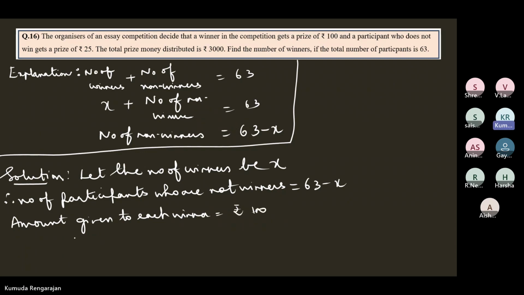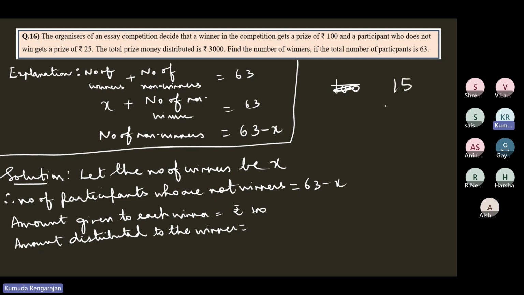So what is the amount distributed to the winners? What will be the total money? 100 into X, 100X. See, supposing there are 15 winners, each of them gets 100 rupees. So the total money distributed to the winners will be 15 into 100, 1500 rupees.